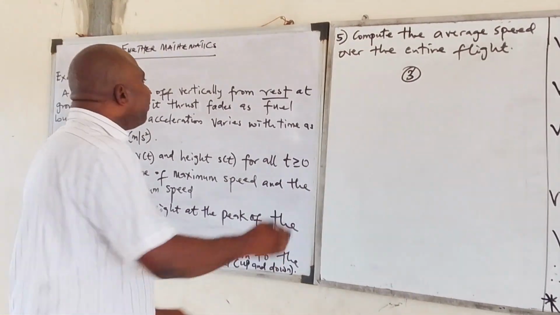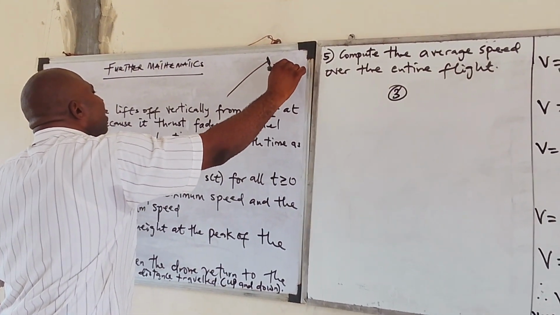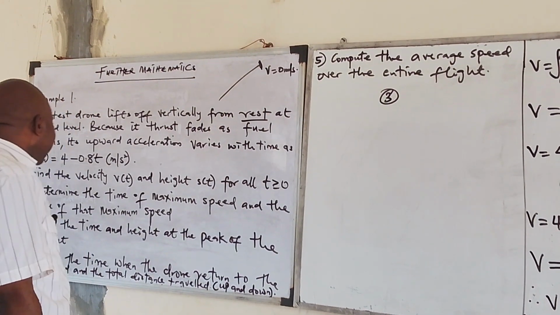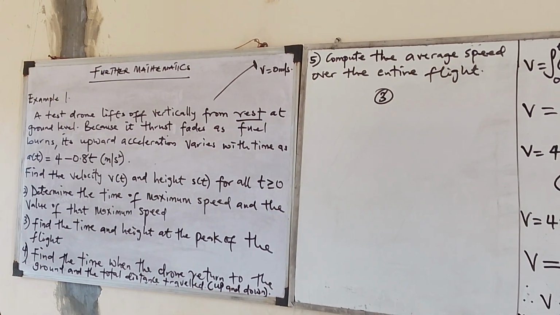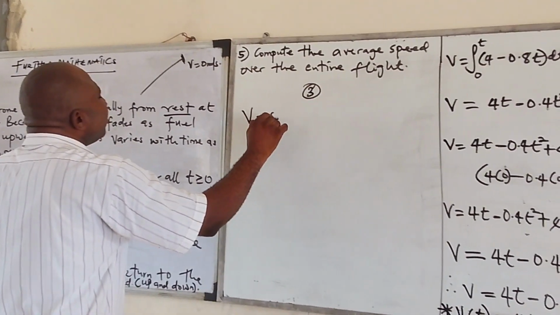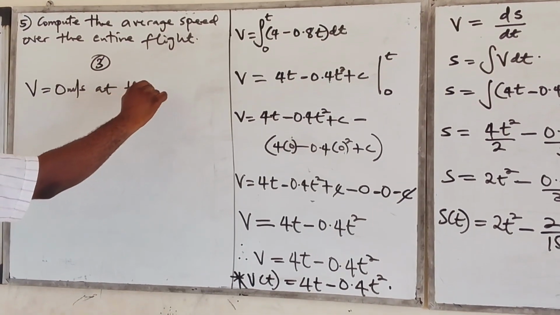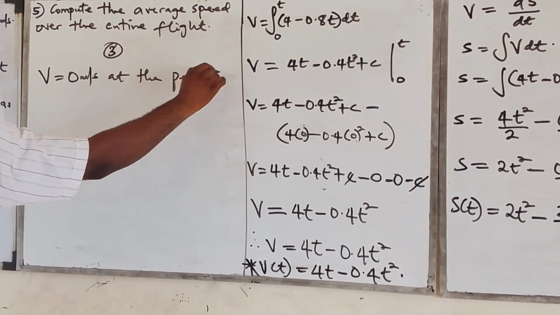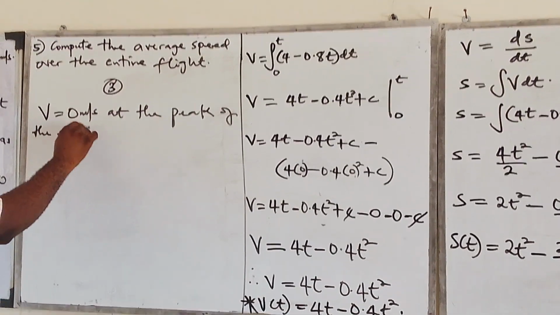Now at the peak of the flight, the velocity is equal to 0 meters per second. So it means our v is equal to 0 meters per second at the peak of the flight.